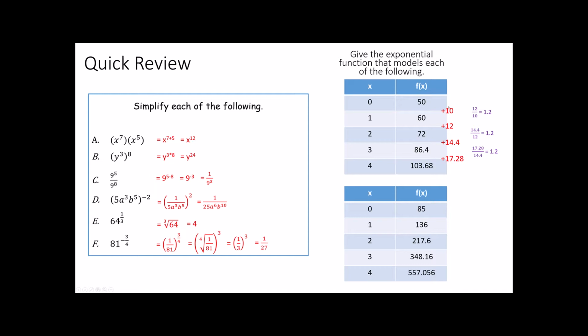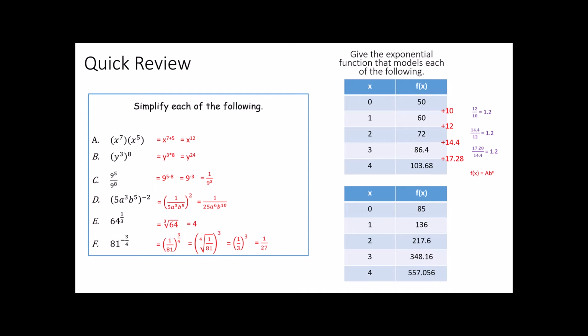In fact, 50 times 1.2 is 60. 60 times 1.2 is 72. 72 times 1.2 is 86.4. And 86.4 times 1.2 is indeed 103.68. So this is our common factor. We're going to be multiplying through it every time.